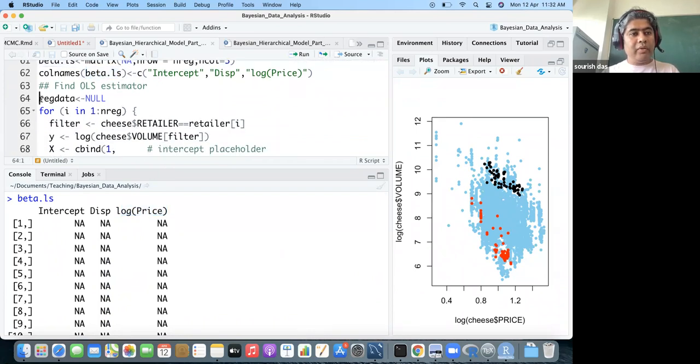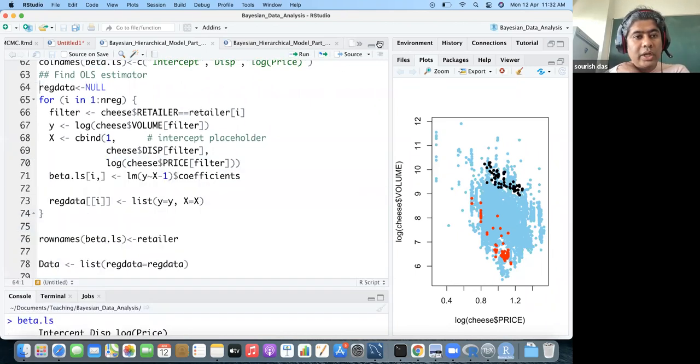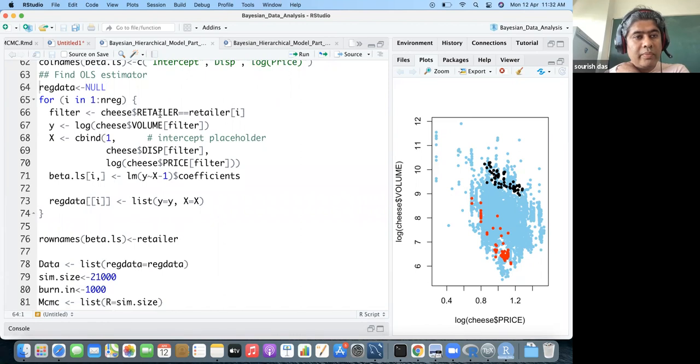Okay. And then we are going to estimate the OLS. So I'll tell you what I'm doing in this loop. First, it will take the retailer and create a filter. That filter will then be applied to cheese, and a small x will be created. X will have 3 columns: the first for the intercept, then display activity, and then log price for this filter, which is for this particular ith retailer.